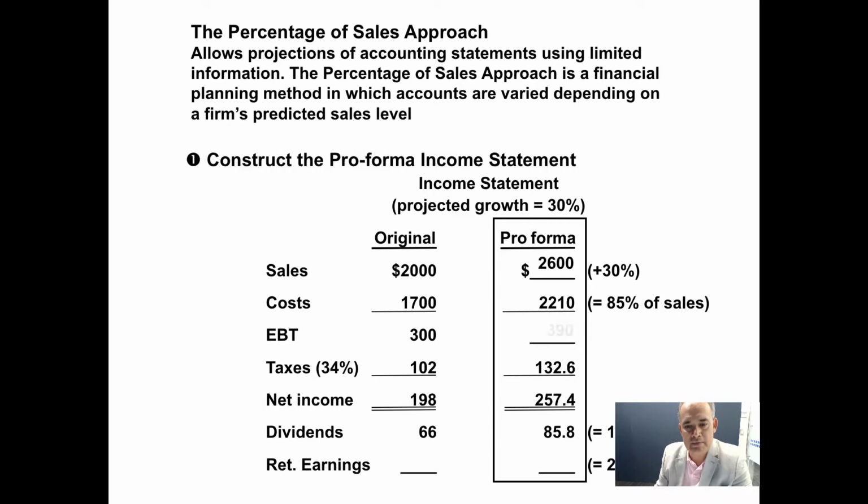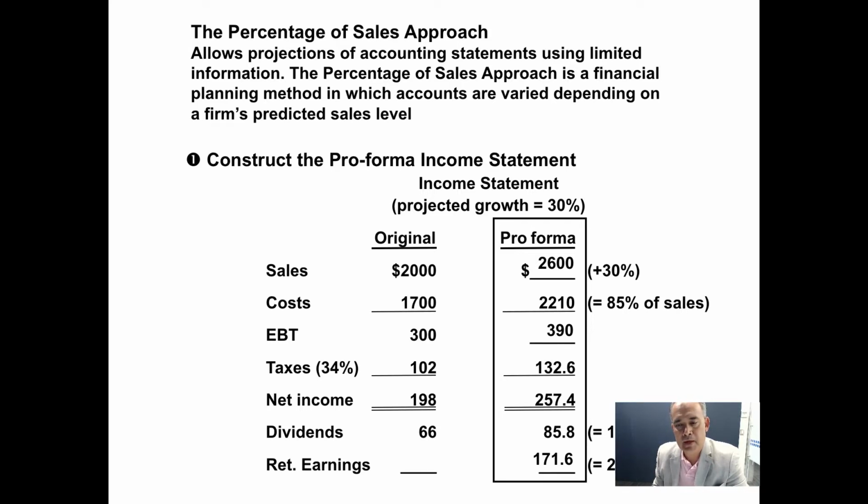We have a growth rate that we are aiming at of 30% for the next year, and 1/3 of my net income will be distributed as dividends, and 2/3 are going to be reinvested into the company as retained earnings.